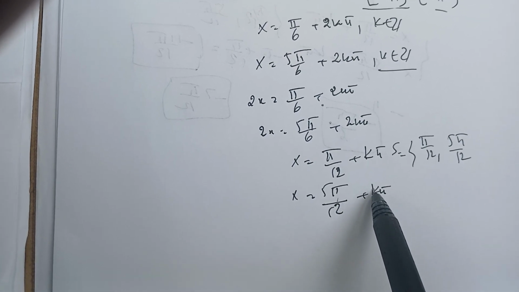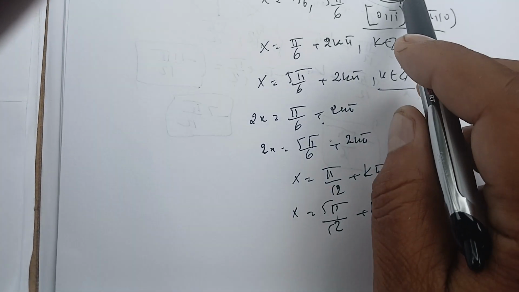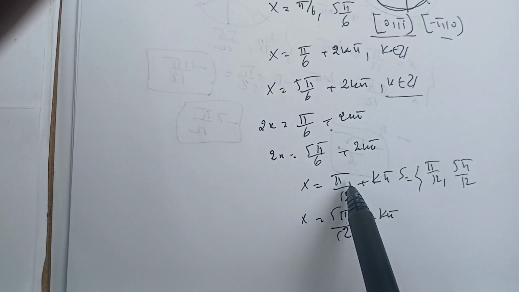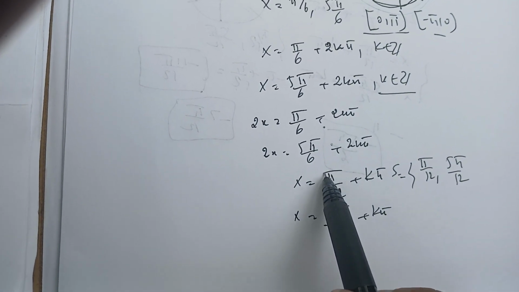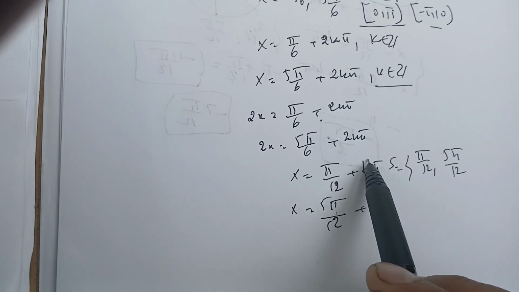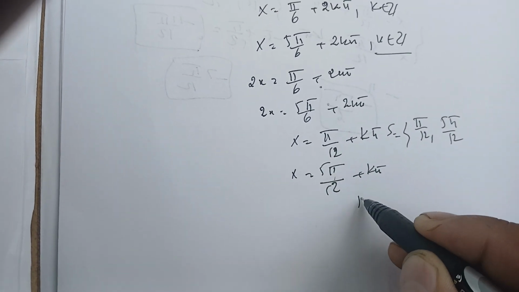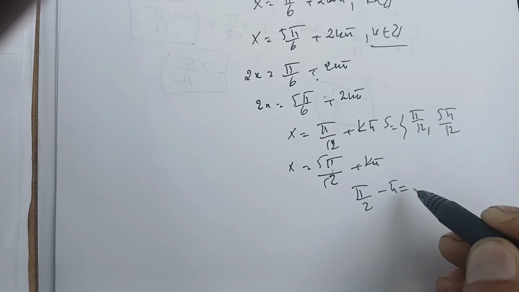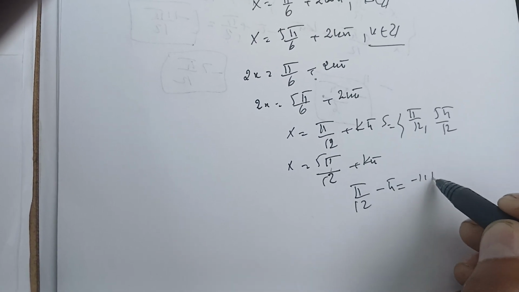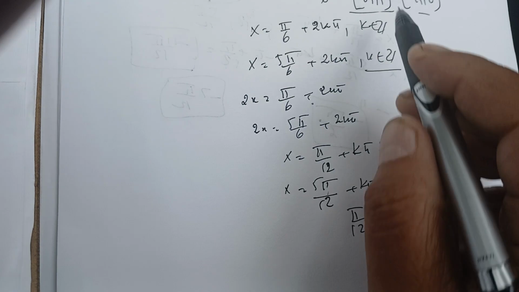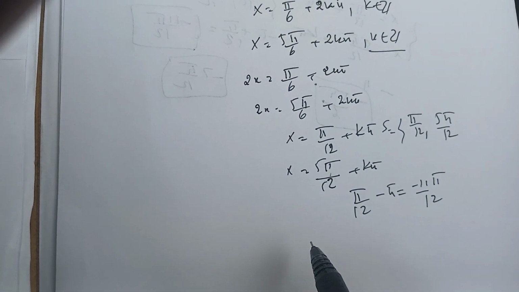The same thing here. When k is 1, I'm going to be moving here, and this one is going to be positive, but I need to express it negatively. So when k is minus 1, I have pi over 12 minus pi, which is minus 11 pi over 12. So it's in here. It's a solution.